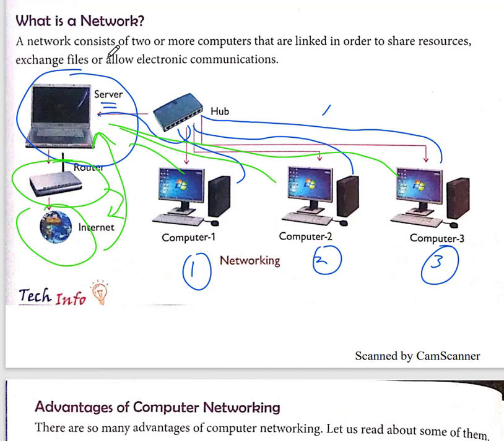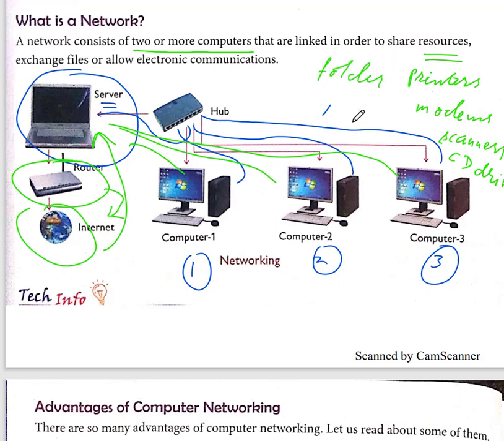What is a network? A network consists of 2 or more computers that are linked in order to share resources. Now what are the resources? Resources are the printers, the modems, the scanners, all these things, even your CD drives or any folder, or even your pen drives.